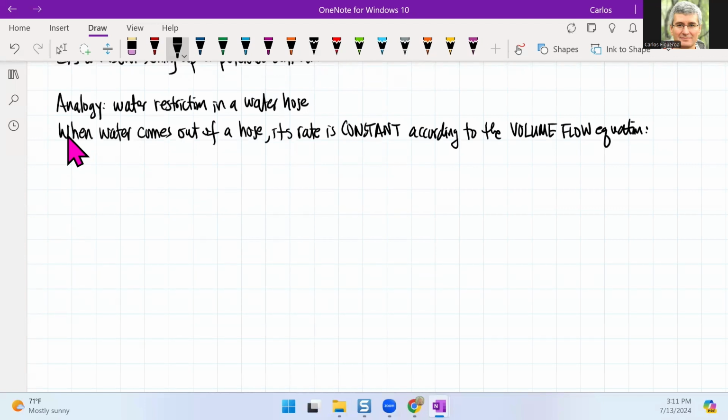So in this case, we have a hose and we define this thing called the volume flow. If you've done some type of fluid dynamics, you would know this. And this is equal to the area of the hose times the speed. And here's the important thing.